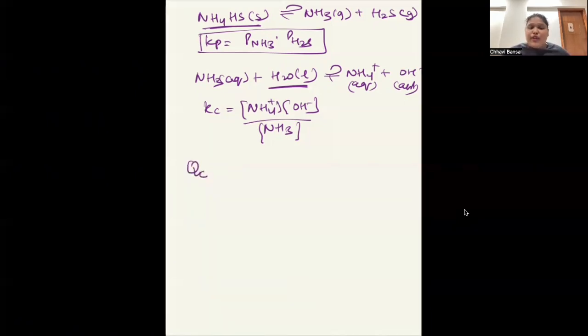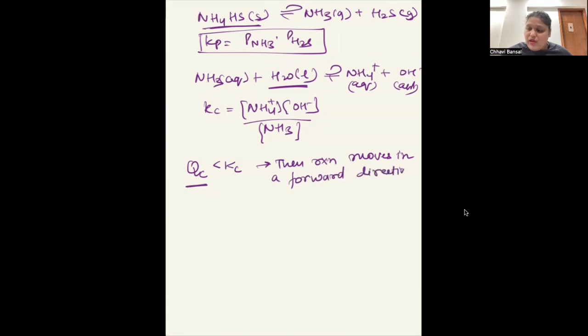If QC is less than KC, the concentration of product is less and the concentration of reactant is more. So the product concentration has to increase and the reactant concentration has to decrease, and that takes place only when the reaction moves in a forward direction. So whenever QC is less than KC, the reaction moves in a forward direction.